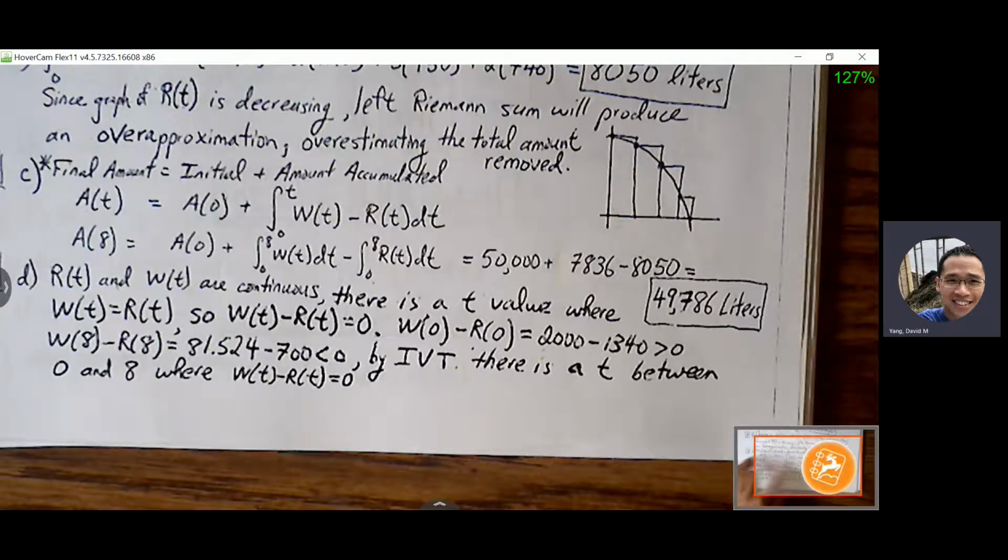That's all we need. The only time we really need the differentiable restriction is if we're trying to guarantee a slope, like with the mean value theorem or Rolle's theorem. Here, they are saying it's differentiable, but for our problem, we really don't need that information. Okay.